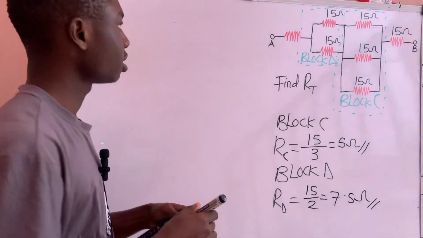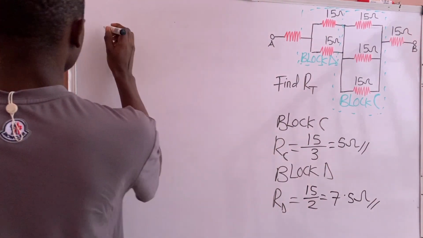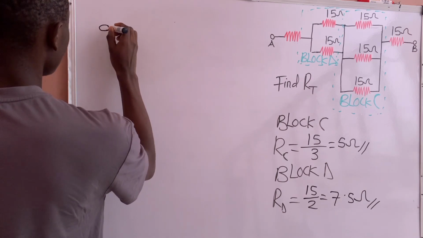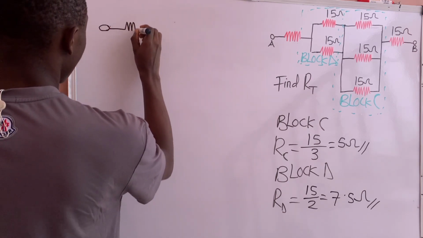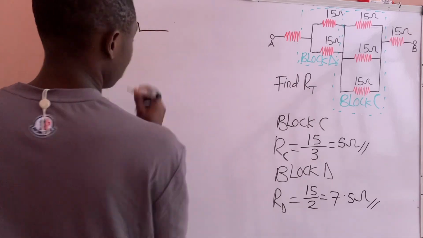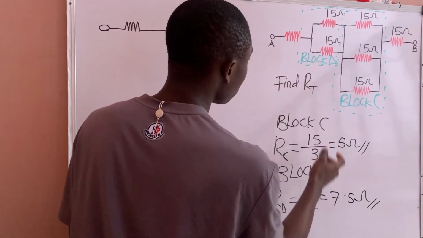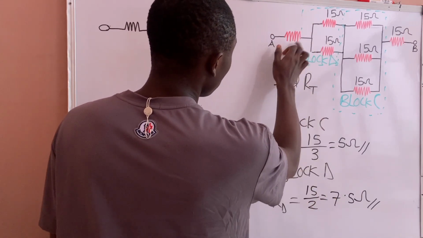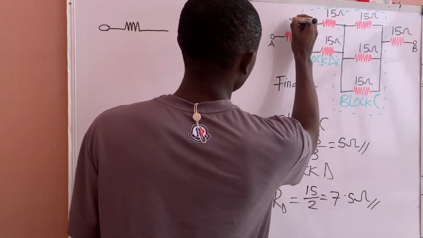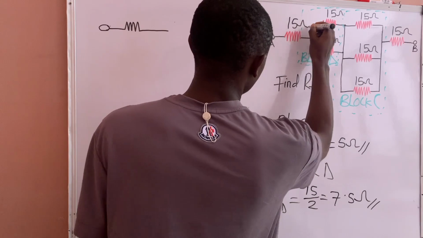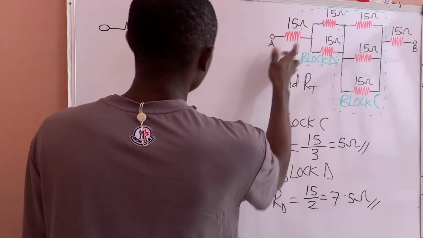So now we can draw the circuit. We have the circuit in this form. This block, now that we have reduced it, will be in series with this other resistor, this 15 ohm resistor.